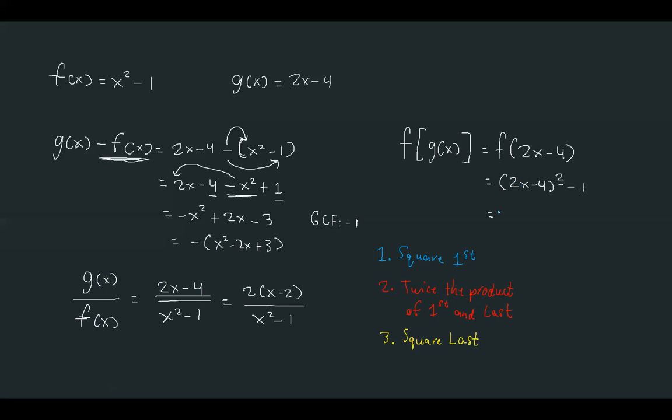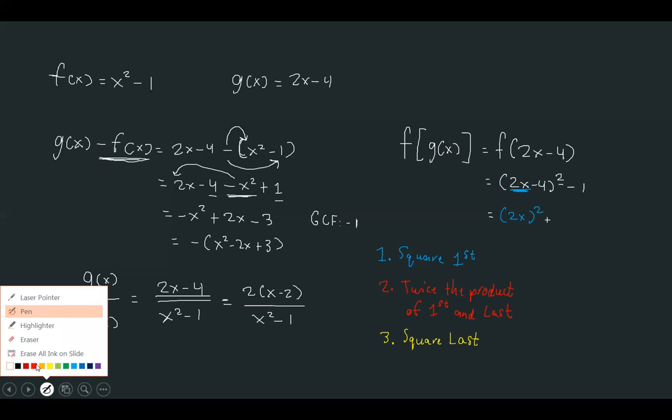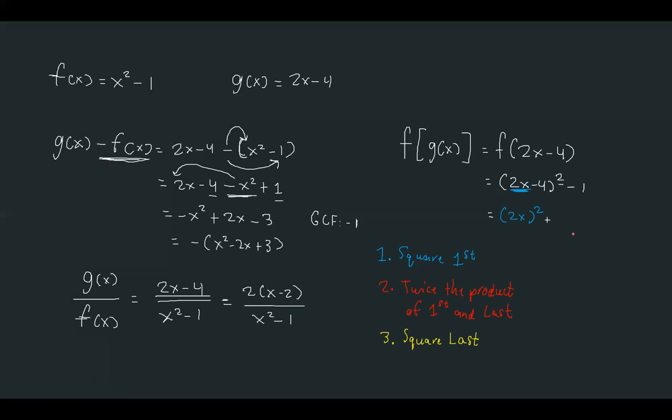So let's go here first. The first step here is you're going to square the first term. The first term is this one, so you're going to square it. By squaring it, you're going to have 2x squared. Next, plus the second step, which is twice the product of the first term and the last term.